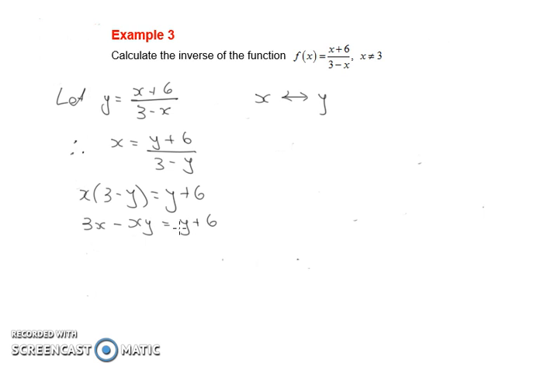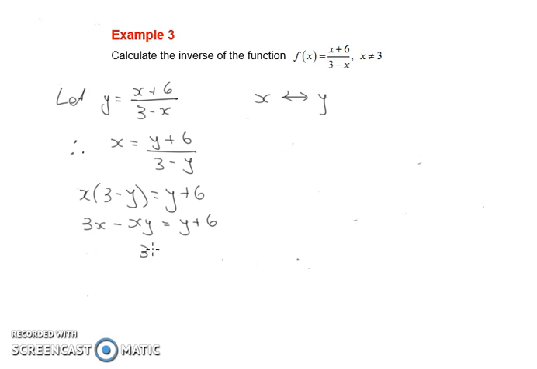In order to make y the subject, we're going to have to get all of our y terms over to the one side and all other terms over to the other. Given that this is negative here, if I bring that over to the left, it'll make me have 2 negatives there. It might be easier if I bring this one over to the right.